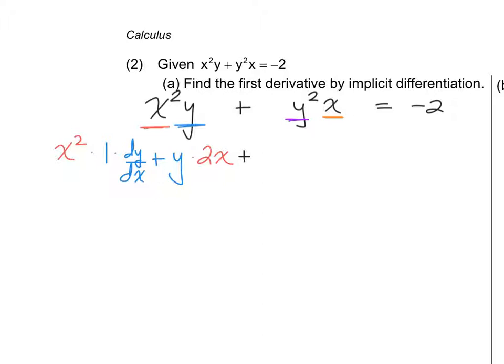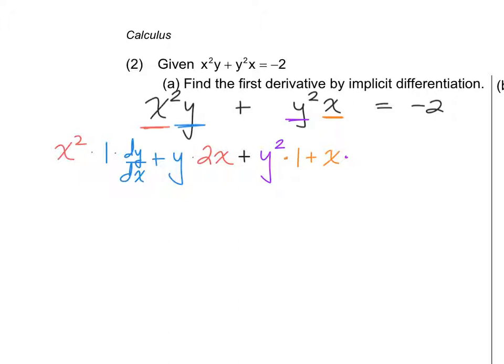First function multiplied by the derivative of the second. Easy enough, because the first function, y squared, would be multiplied by the derivative of the second, which is just a 1. Plus the second function multiplied by the derivative of the first.